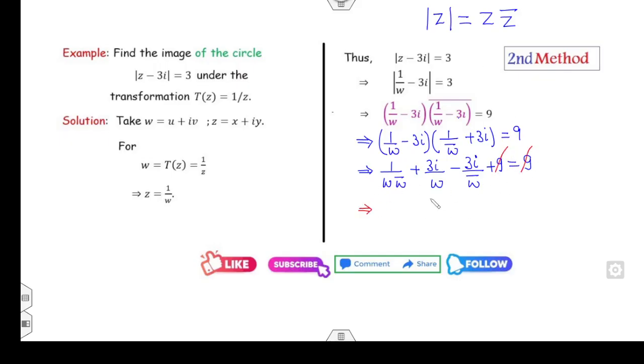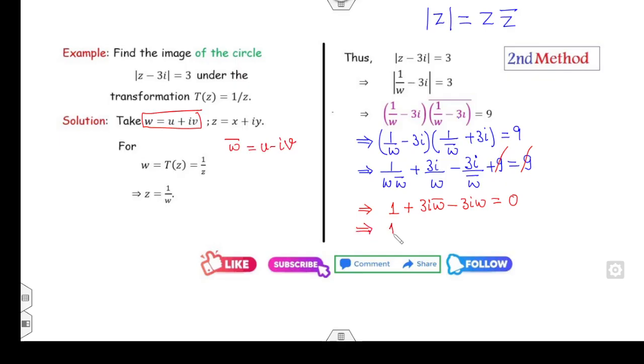I can take the LCM, w into w bar is the LCM. So it's 3 iota w bar minus 3 iota into w, which is 0. If my w is u plus iota v, what is w bar? u minus iota v.